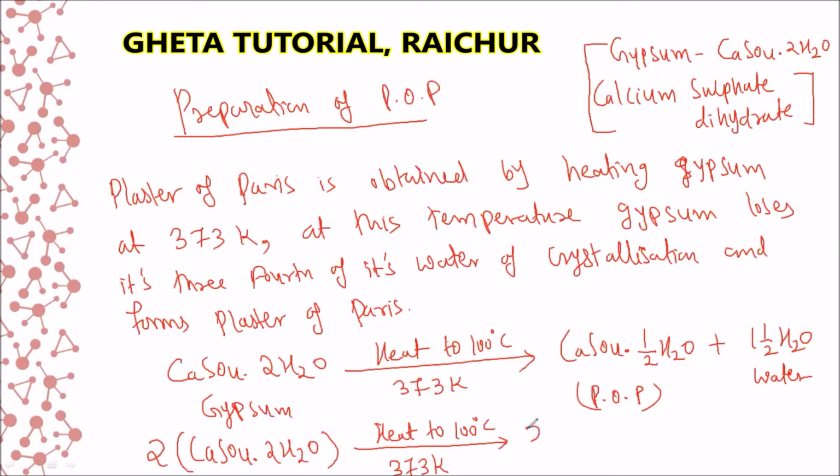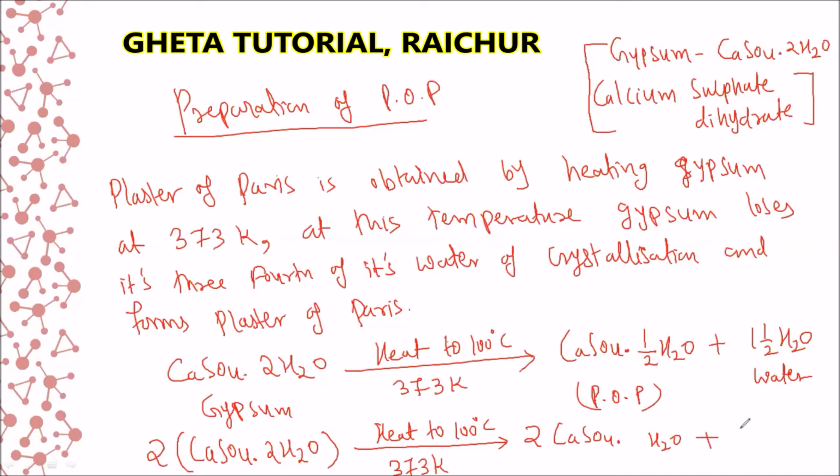We multiply by 2 here also. So 2CaSO4 times half H2O, the 2 by 2 cancels, so we can write only 1 H2O.